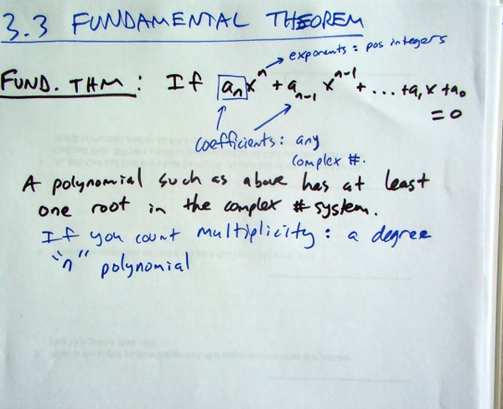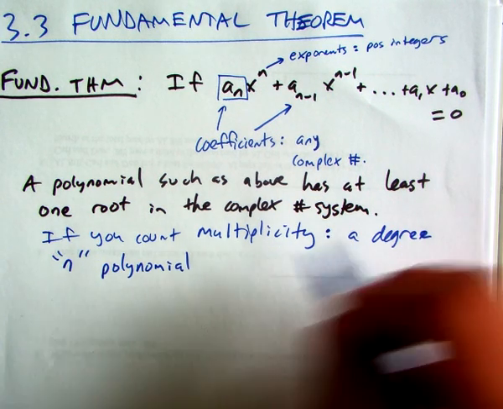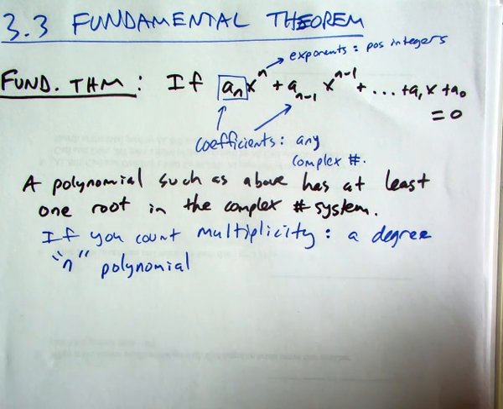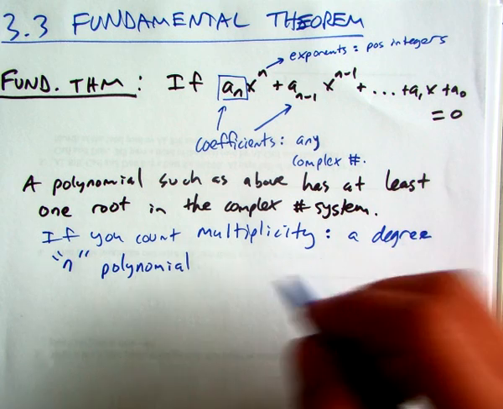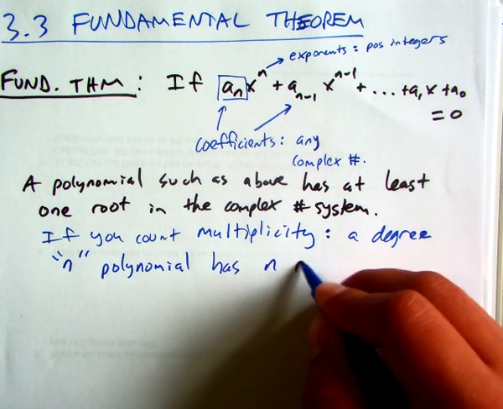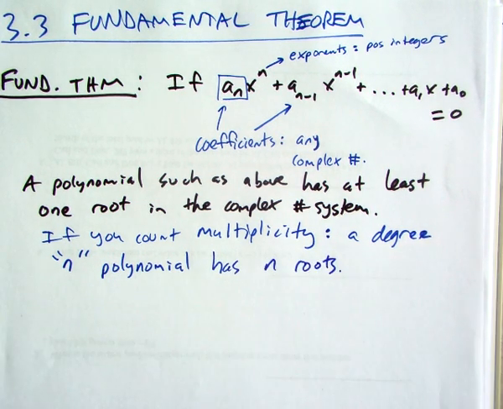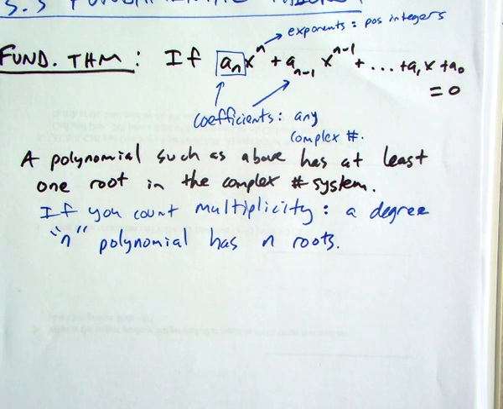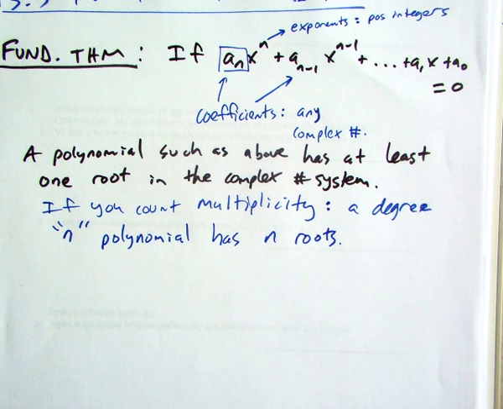A quartic would have 4. So if a degree n polynomial is what we're looking at, we would expect it to have how many roots? n roots. This is if you count multiplicity, meaning repeated roots. Obviously, you can't go over that amount, but you could certainly have less.